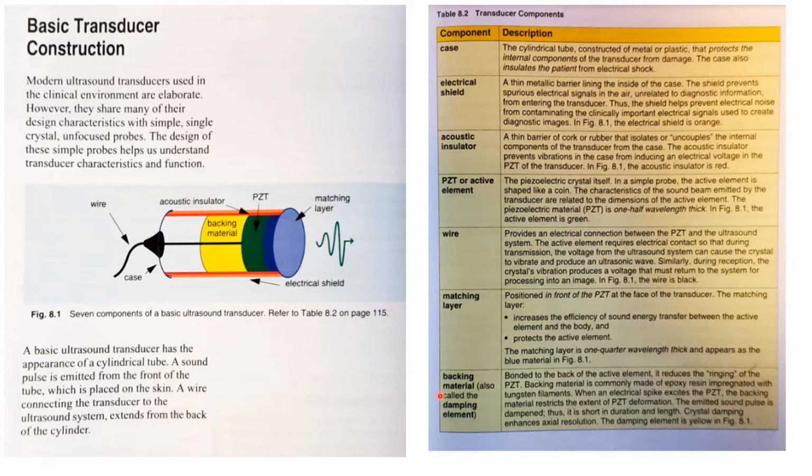There's also the backing material, sometimes present depending on what the transducer is doing. It's also called the damping element because it dampens the signal and makes it appropriate for clinical applications. Here's more words about what each of those layers does.